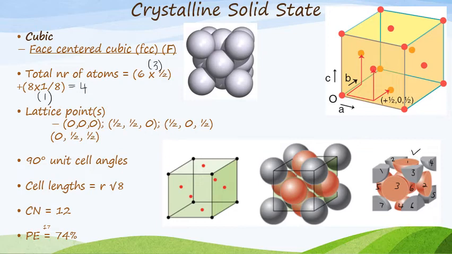All right. The lattice points are a little bit more tricky. So we have the one at the origin, which is 0, 0, 0.